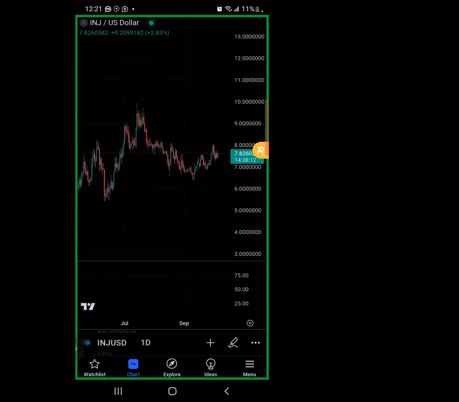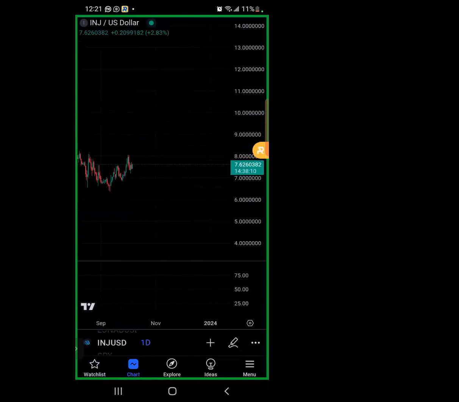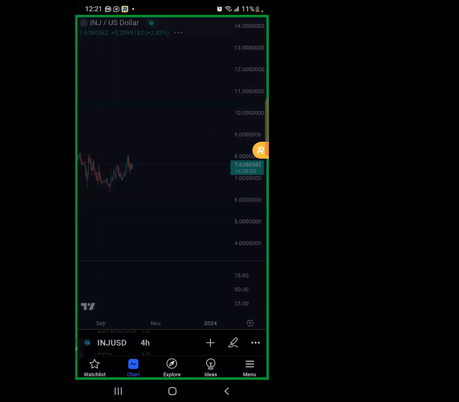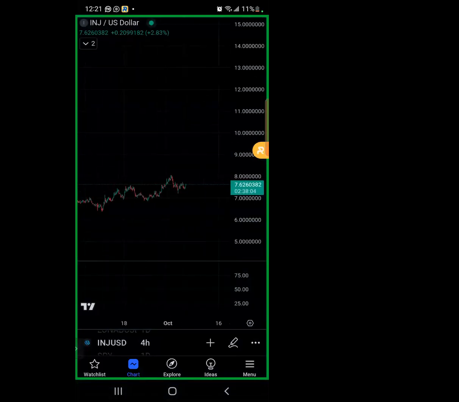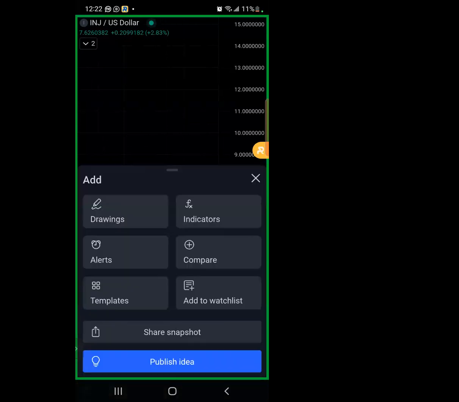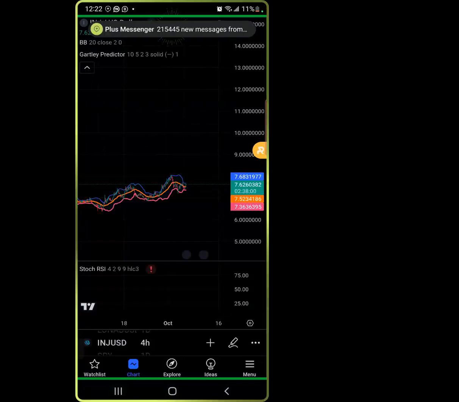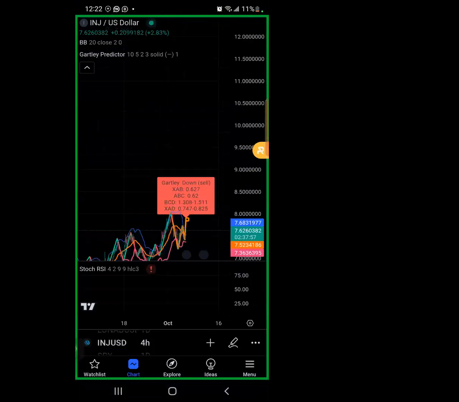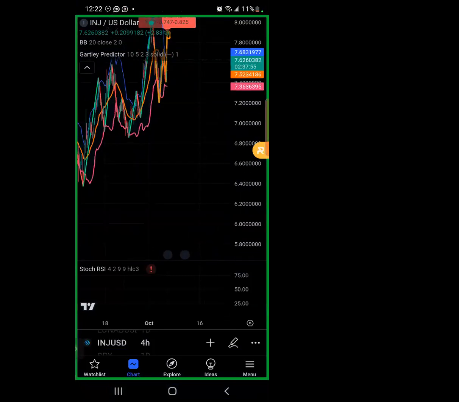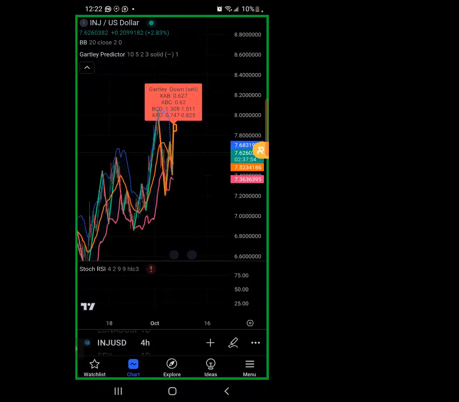Where is my Gartley? My Gartley predictor is showing on 4 hours this trade of INJ.